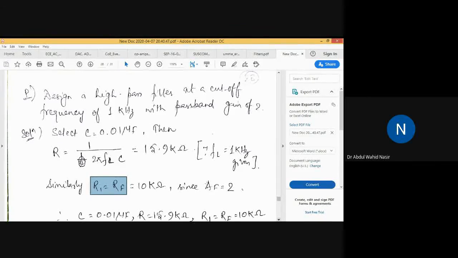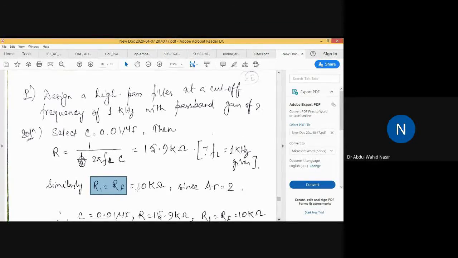In this problem itself, it has been given that the gain of the pass band should be 2. So if you substitute AF equal to 2, you will end up with R1 equal to RF. That has been chosen as 10 kilo ohm. I told you it should be of the kilo ohm order. So R1 is equal to RF.